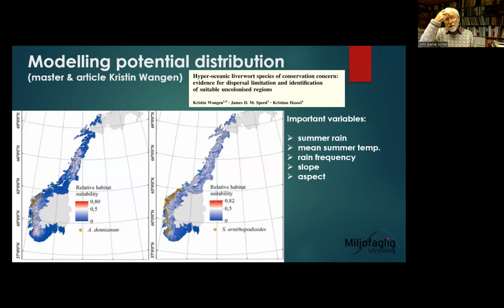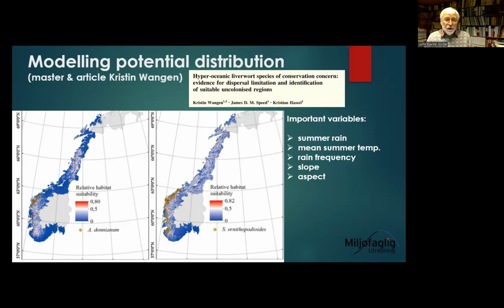My colleague Kristin Wangen made her master's thesis and also an article about modeling of potential distribution of these species, which I have mentioned. To the left is Anastrophyllum donianum with the yellow dots showing the known sites.